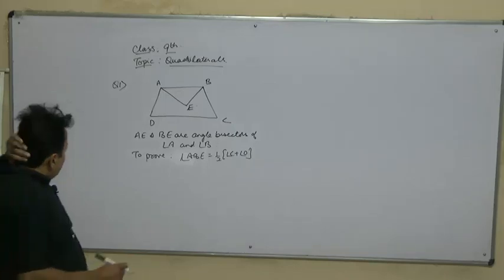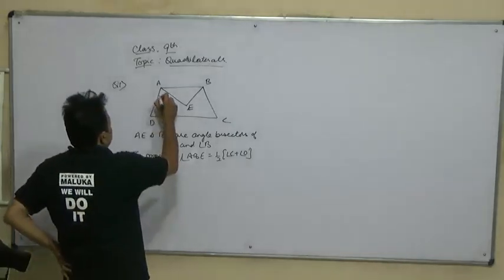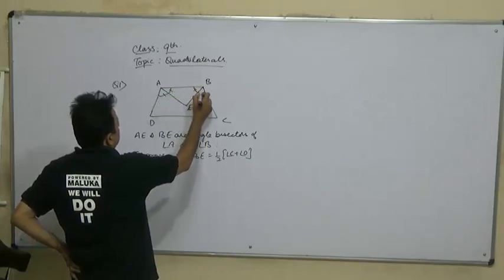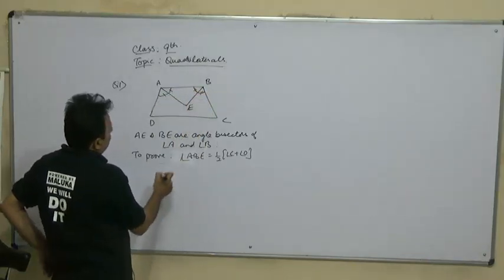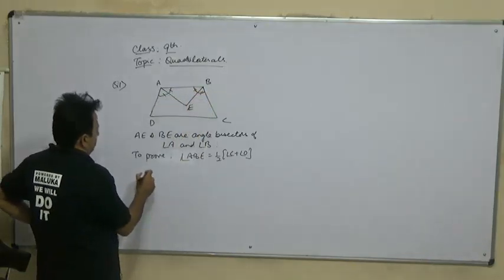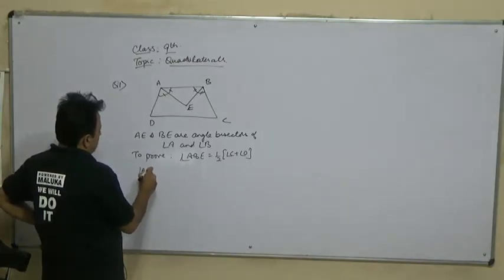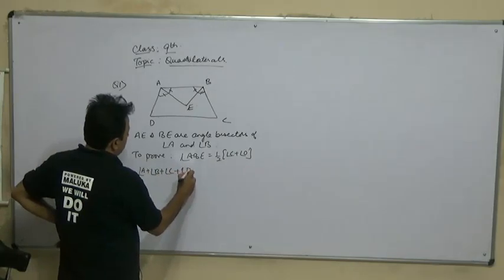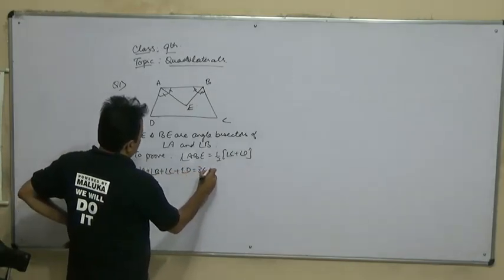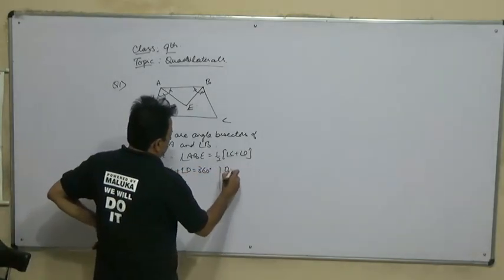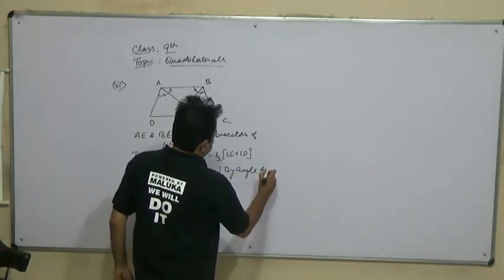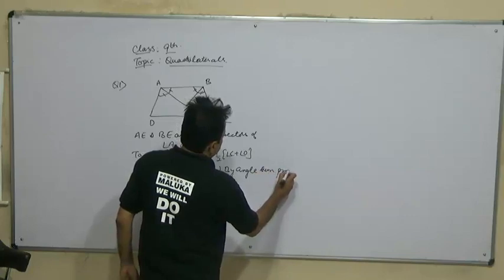Now we know that these are the angle bisectors, so each angle will be divided into two equal parts. Now we know that angle A plus angle B plus angle C plus angle D is equal to 360 degrees. Why? By the angle sum property.